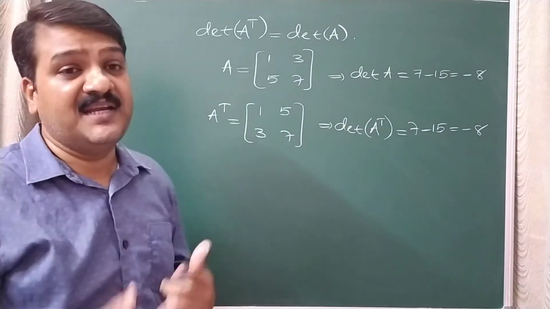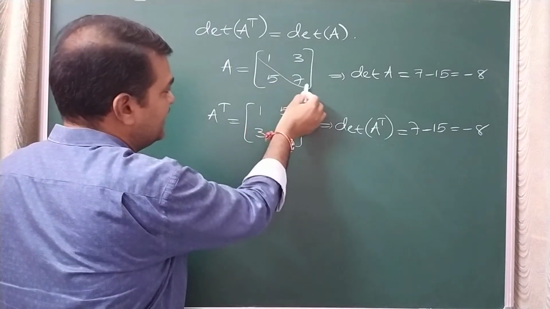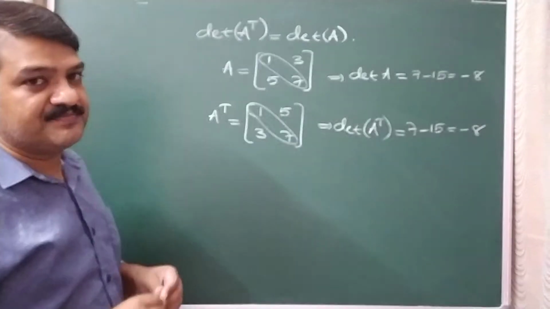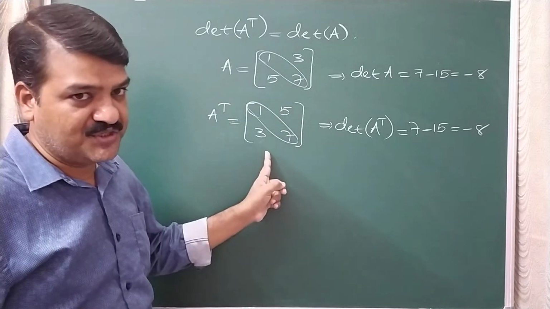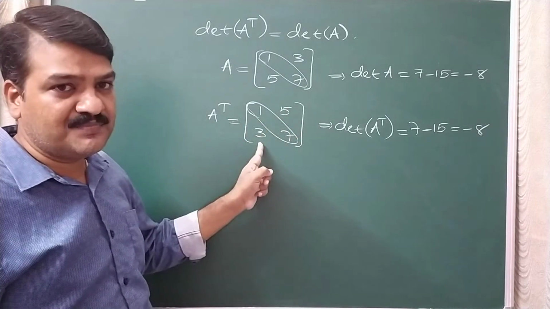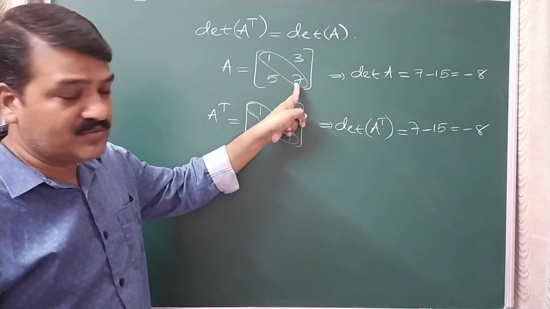Why are we getting this? See, by transposing, the diagonal elements do not change. Only these two elements will be interchanged. Det A actually is AD minus BC, no? So these diagonal elements are not going to change anyhow.